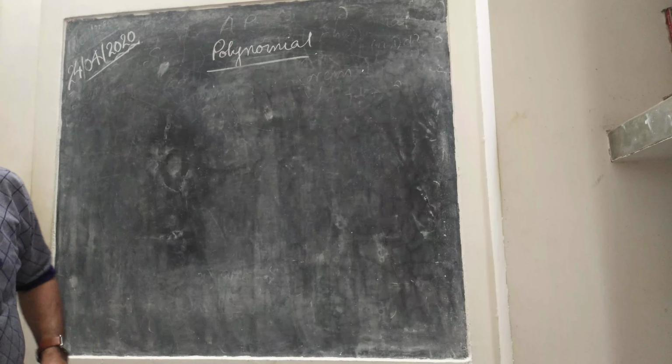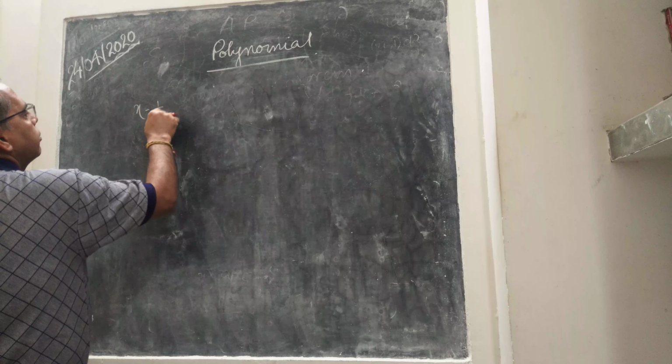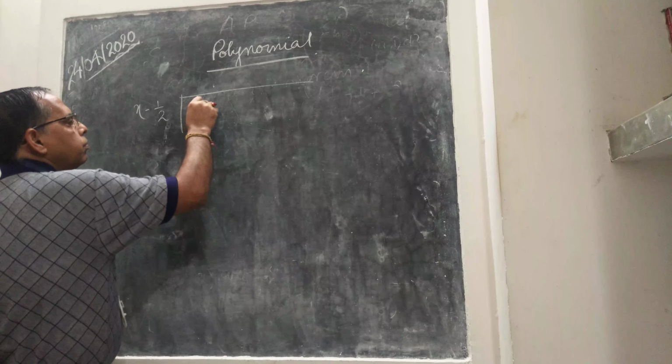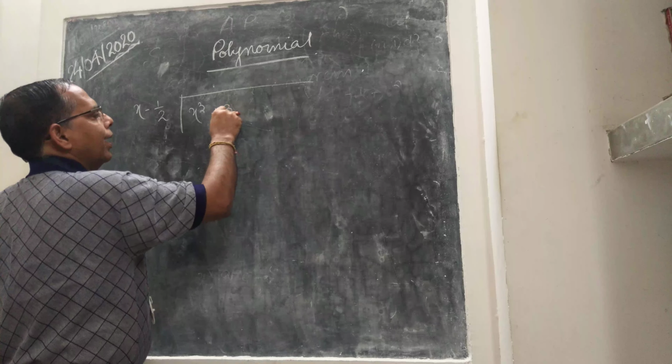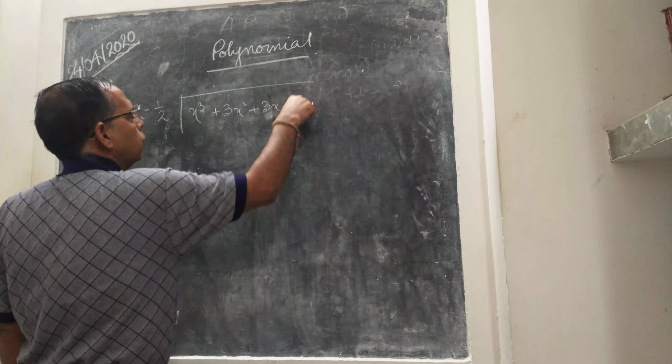So next one is by x minus half. So the divisor is x minus half. The dividend is x cubed plus 3x squared plus 2x plus 1.